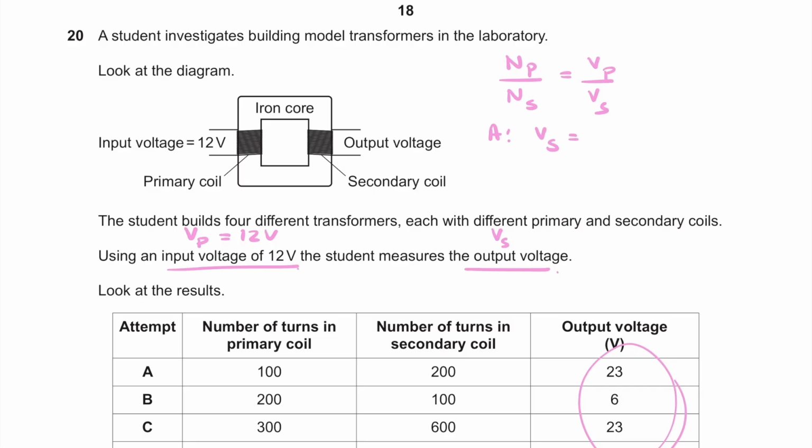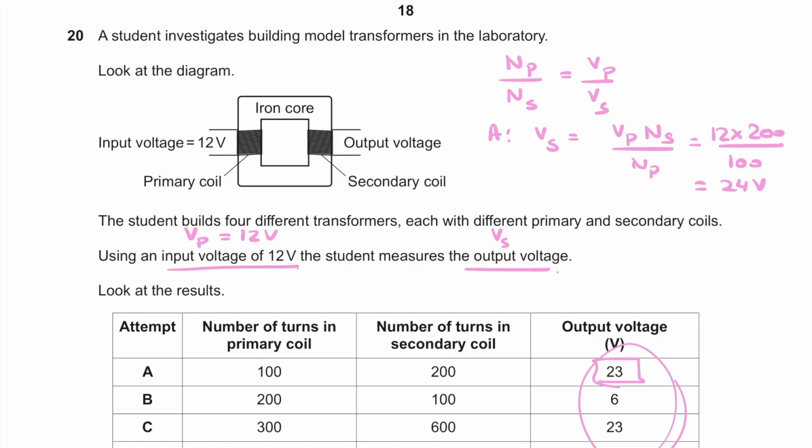VS is going to be VP times NS over NP, and that would be 12 times 200 divided by 100. That gives me 24 volts. They get 23 volts. So it's close, but this shows that it's not 100% efficient. Energy must have been lost in this attempt A.